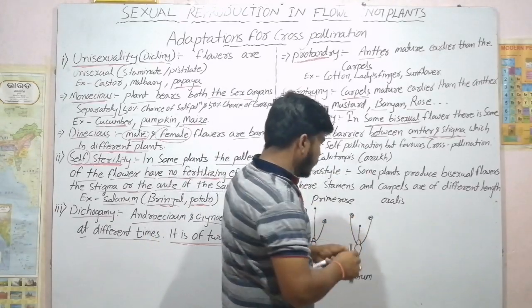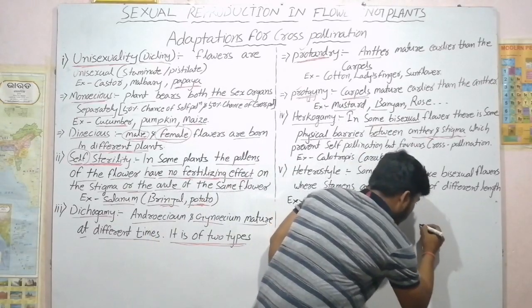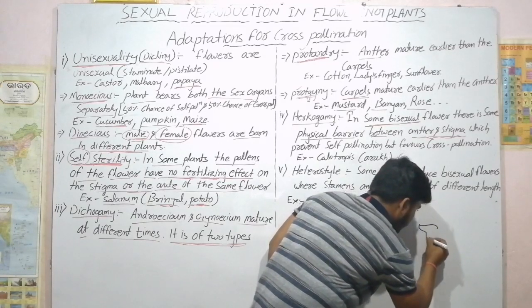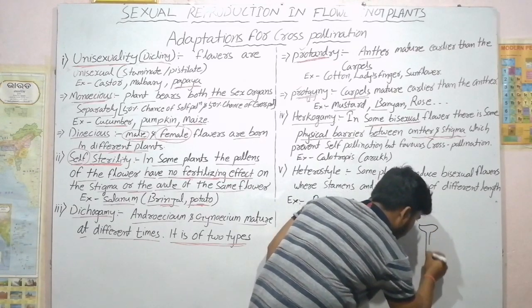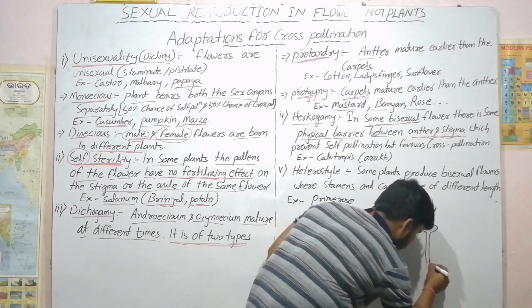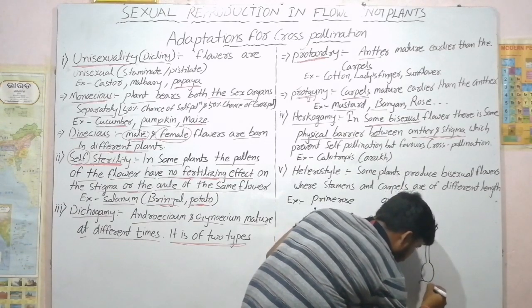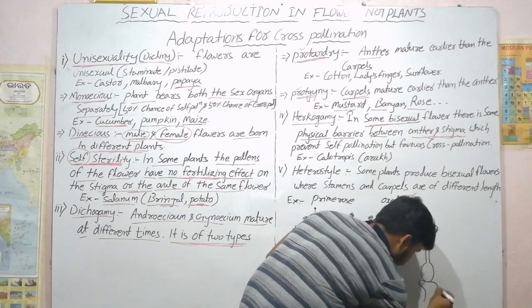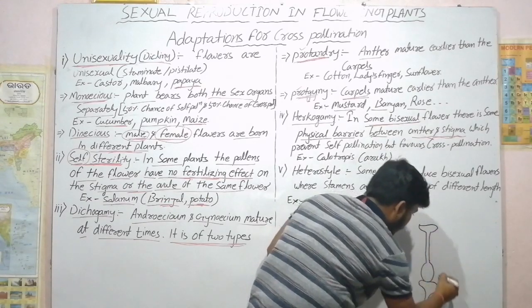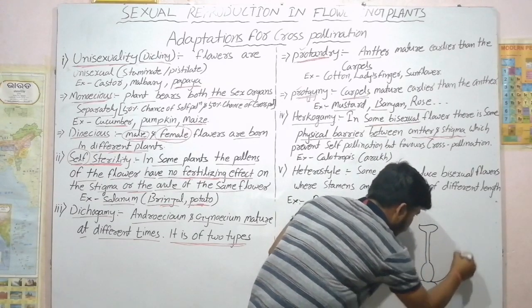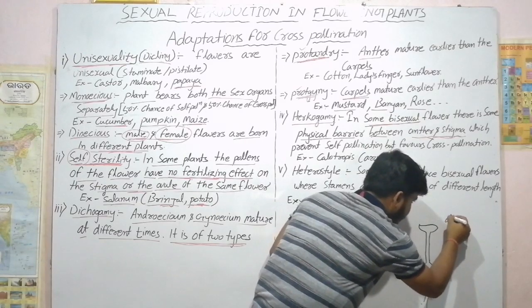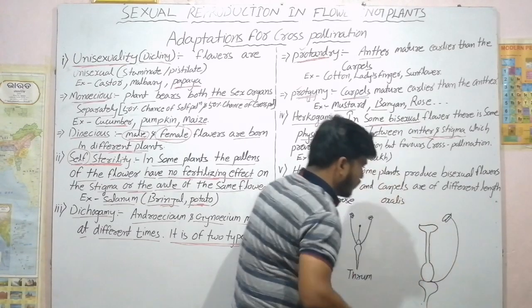Just have a look at your diagram here. Consider that this is your stigma part and style part over here and ovary over here, and this is your base part, and the term told you that it is a bisexual flower. That means both the whorls are present.